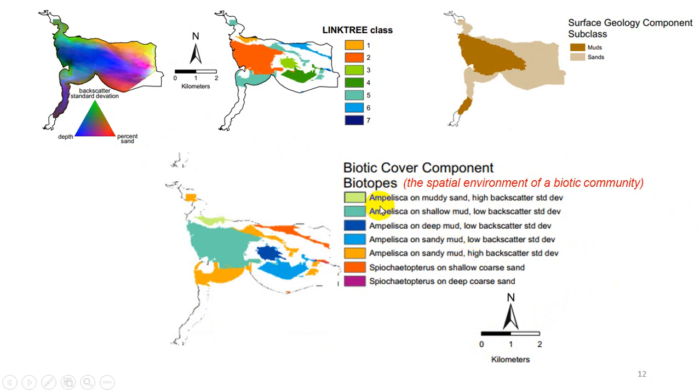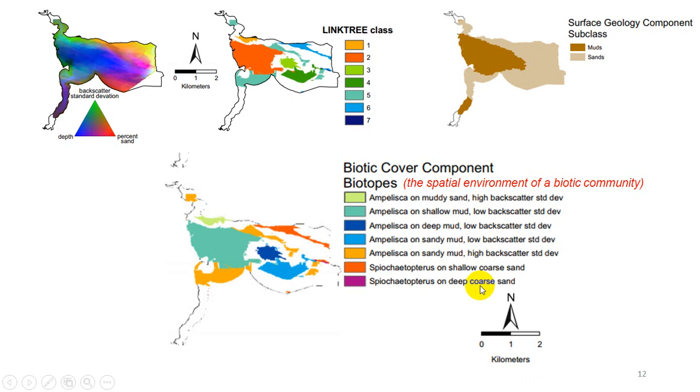Here you have the biotics, and Paleanotus is the name of a kind of animal that lives on muddy sand, and based on the color you can see where they live, and the area they live in has mud and sand. And Spiochaetopterus is also the name of a kind of animal that lives on the seabed surface.